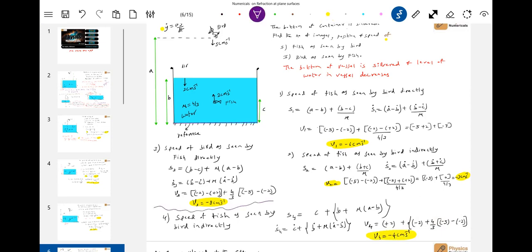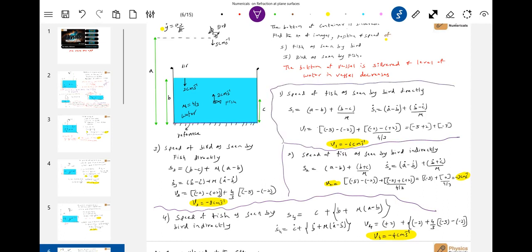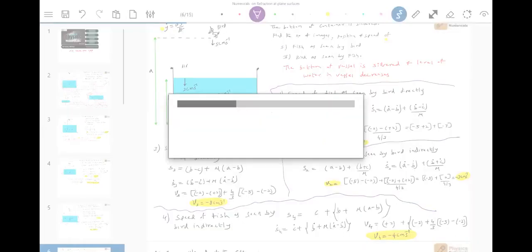I'll make the boundary. I didn't draw the diagram, since we have already discussed it, so I just explained it, okay?